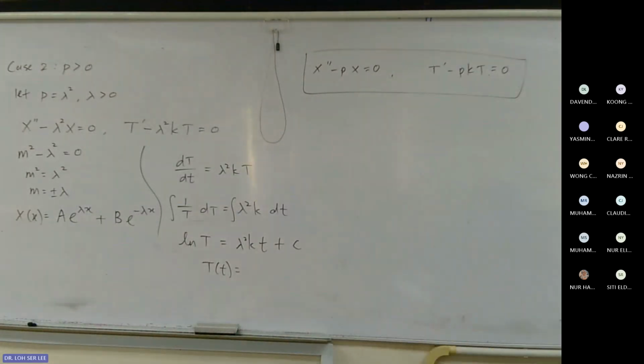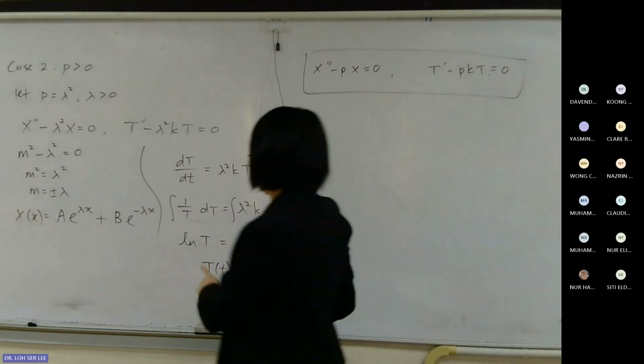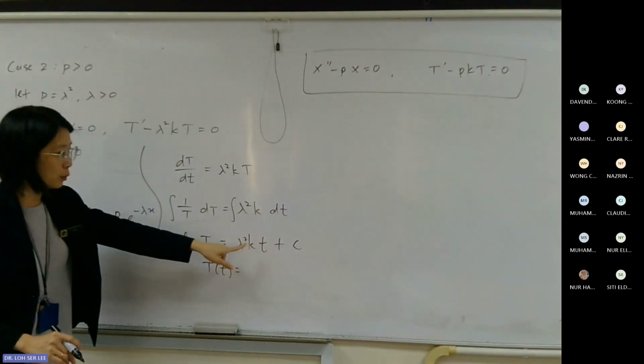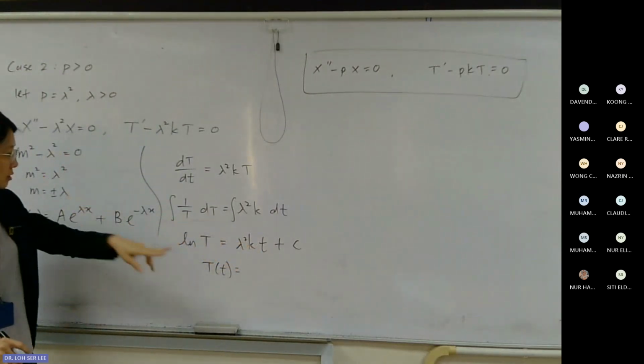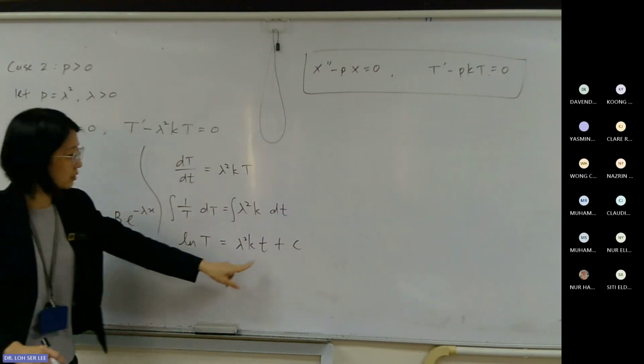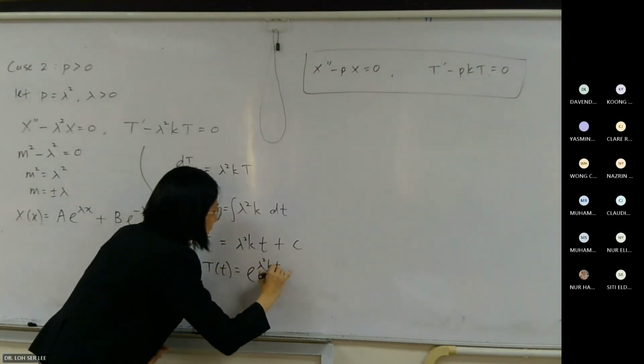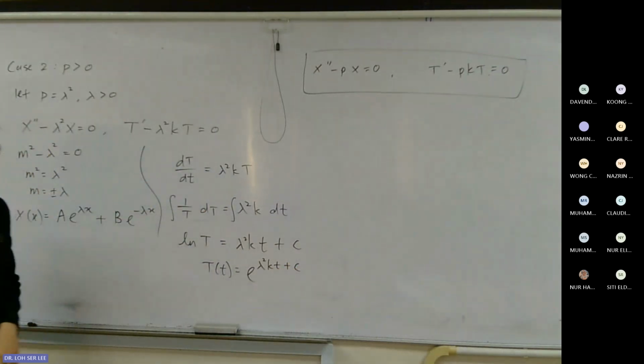Then we want T. Because we want to get the X and T, then we combine X and T to get the u. So your T will be exponential. When you move to the right, you get exponential of lambda squared kt plus c, right?